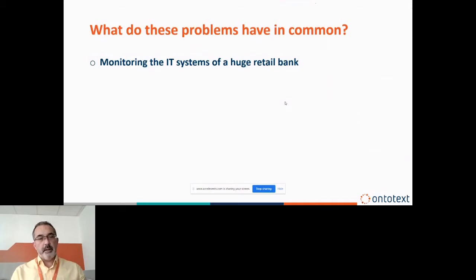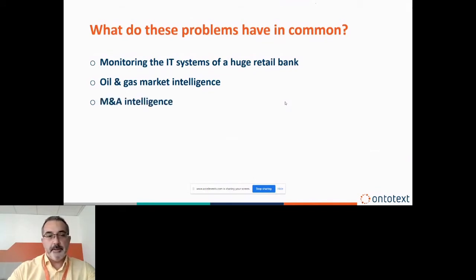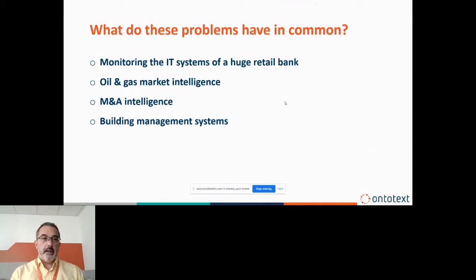One of them is monitoring all the IT systems in a huge retail bank to do really good risk analysis and root cause analysis, or having a platform for market intelligence for oil and gas trading, or again in the market intelligence space being able to build a knowledge graph of all the M&A transactions on Earth and all the companies that matter, and then classify and derive analysis by sectors, by regions, and all sorts of slicing and dicing.